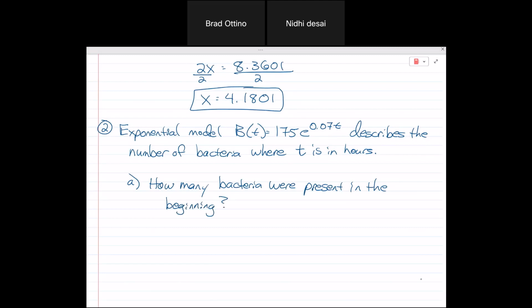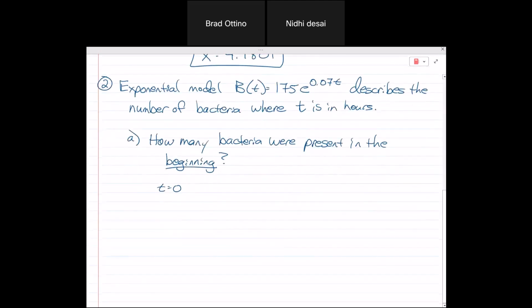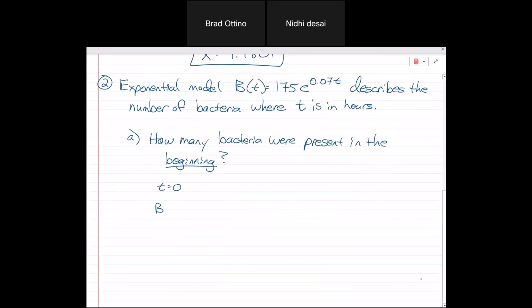So in the beginning, does anyone know what time would equal? 0, right? So what we're going to do for part A is just say, okay, in the beginning, time is 0. So all we have to do is plug in 0 to our equation.